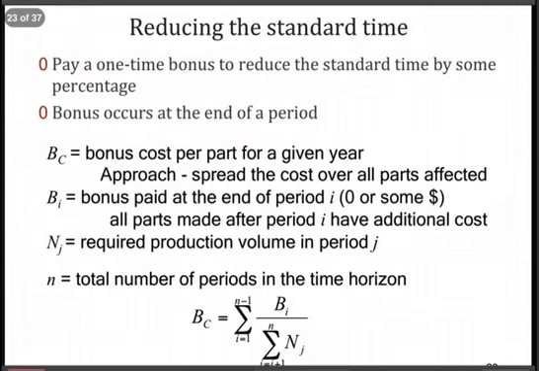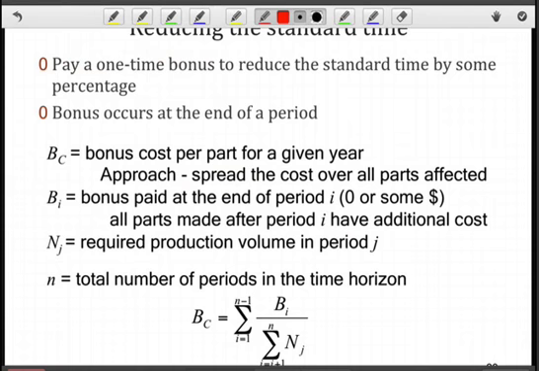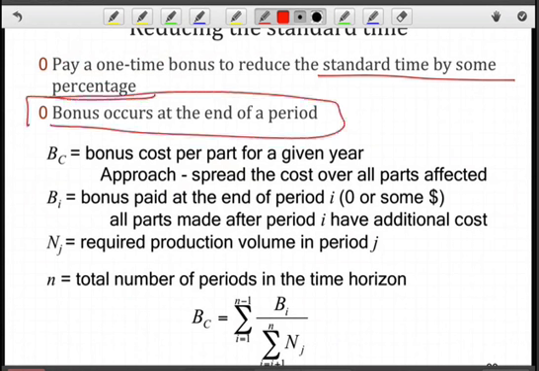Now, what happens if you'd like to reduce that standard time? We said that we could provide a bonus, and that bonus could be a one-time payment to get a reduction in our standard time by some percentage. For simplicity, we'll just say that the bonus occurs at the end of a period, and we'll define a period as a year.